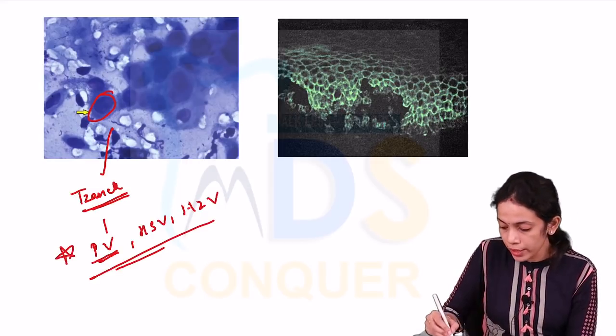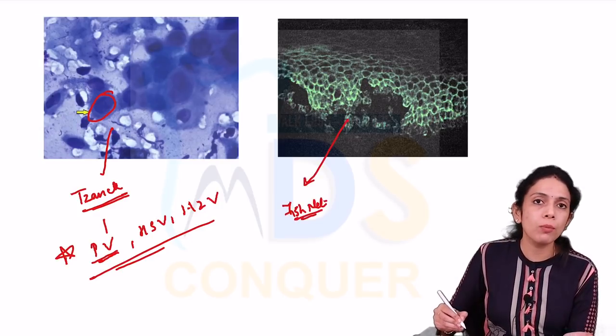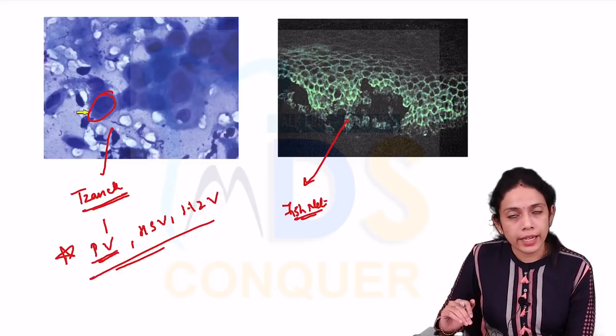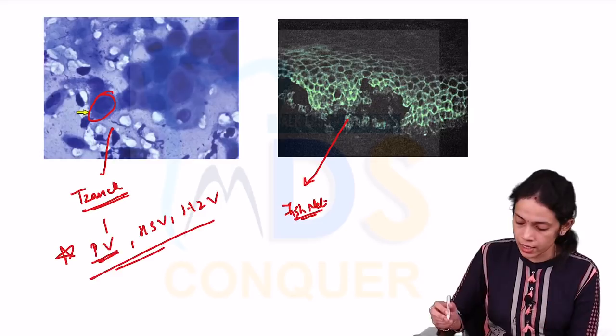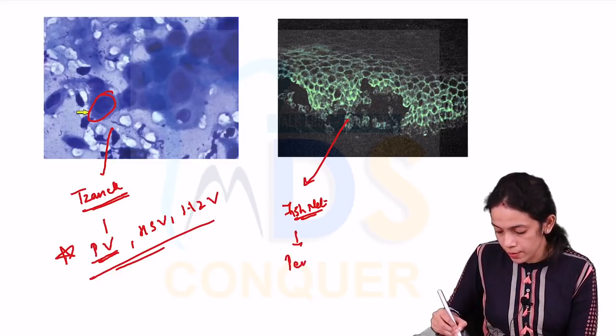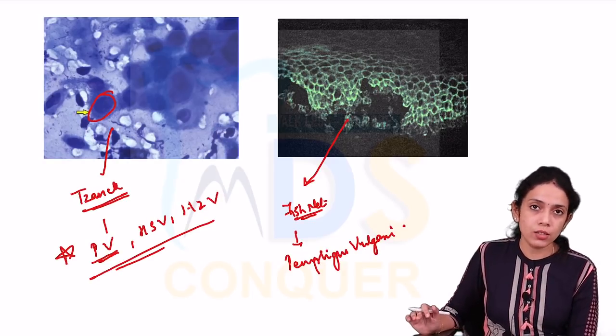That is an important point. And here, this is a fishnet appearance. Because of the deposition of the immunoglobulins and the complements along the keratinocytes, it gives a fishnet appearance in an immunofluorescence study. This is again for pemphigus vulgaris. All these are very important aspects related to pemphigus vulgaris, so just note it down.